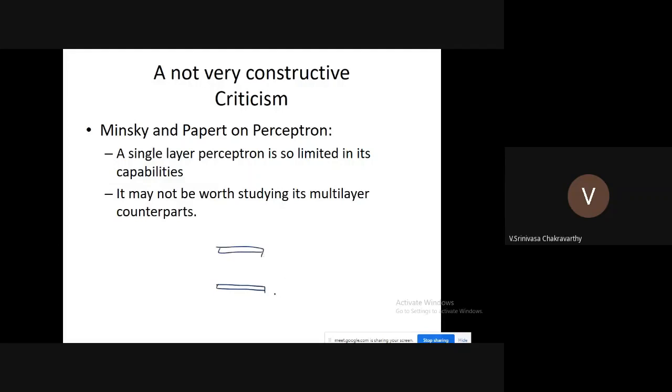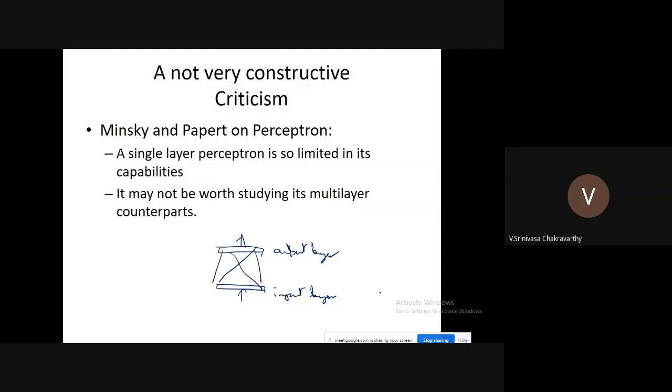the input layer and the output layer. Input is given to the input layer, output is taken from the output layer. So this kind of network is not able to classify linearly non-separable data.